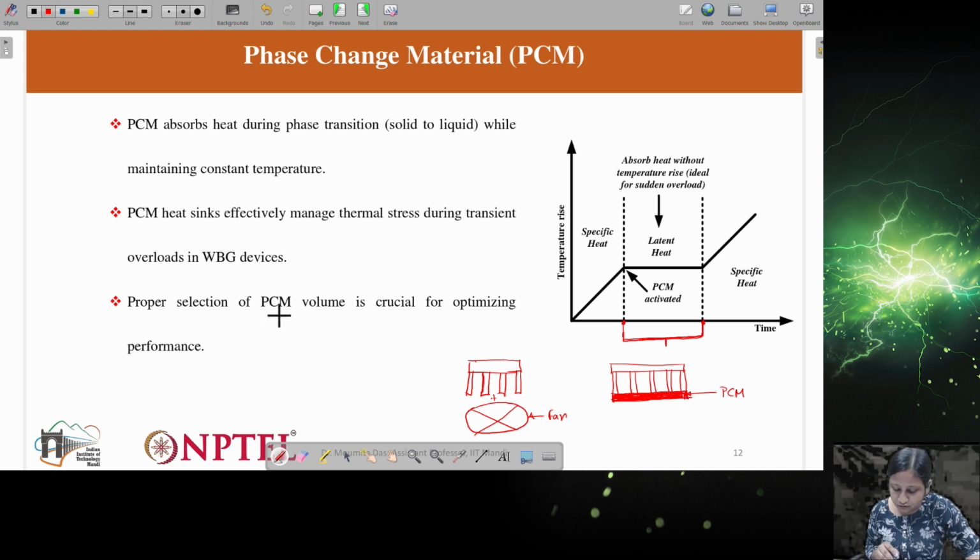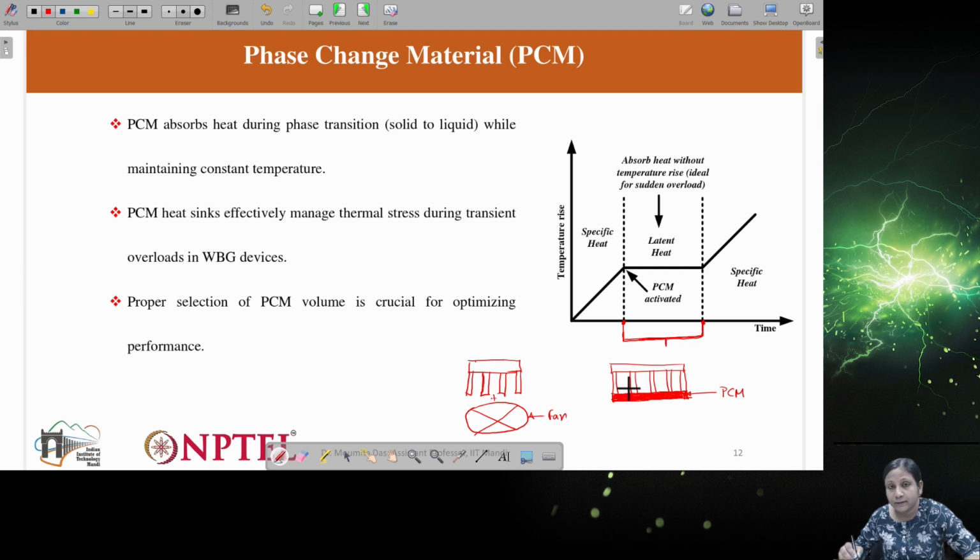Proper selection of PCM volume is crucial for optimizing the performance, because you can see here this is the solid portion, so there has to be enough space so that heat can be dissipated. If there is a fan along with this PCM based heat sink, there should be space to take off the heat, so that air can flow through those spaces.